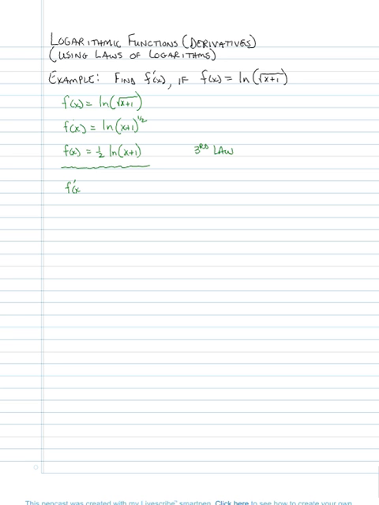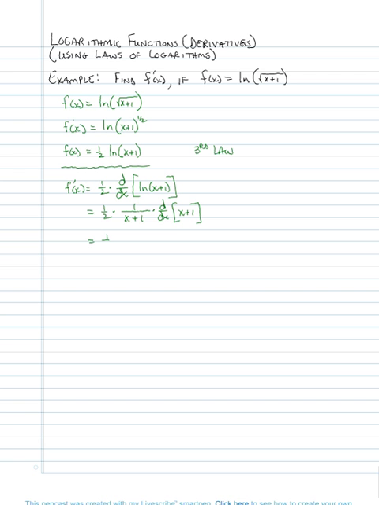Okay, well now we're ready to find the derivative. So f prime of x, well let's see. 1/2 times a function is 1/2 times the derivative of the function. So all we're really doing is worrying about the derivative of logarithm of x plus 1. Now, when we do that calculation, remember the way we do the logarithm derivative, it's 1 over the argument, so it's just 1 over x plus 1 without a square root on it at all, and then we multiply with the derivative of the argument itself, which is 1.